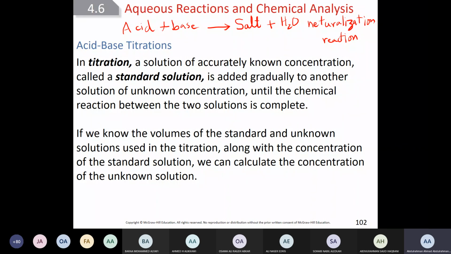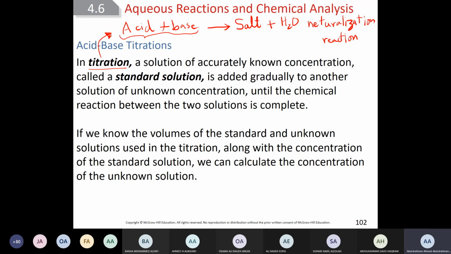You neutralize the acid and the base. There is no acid and no base in solution. The process that we do when we add acid to base is called titration.